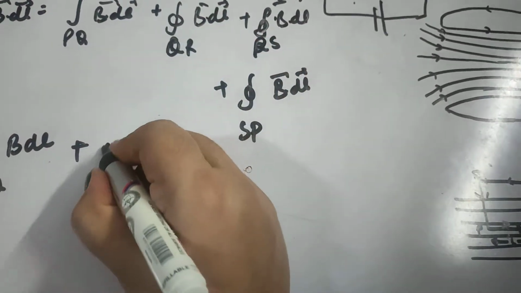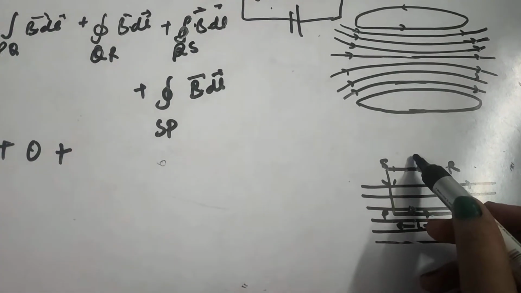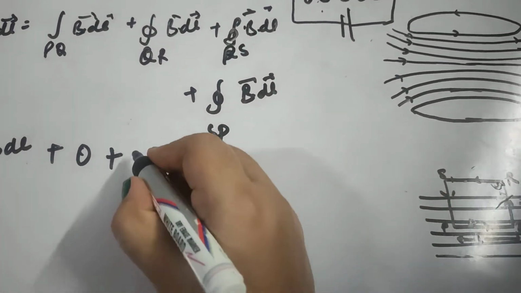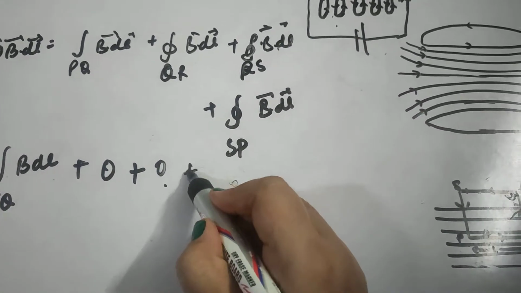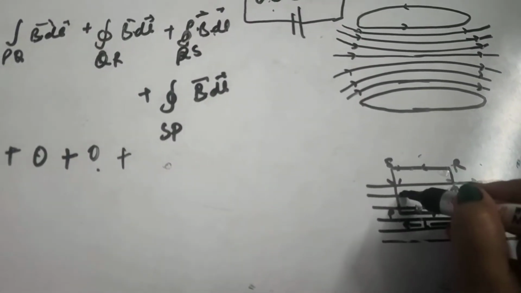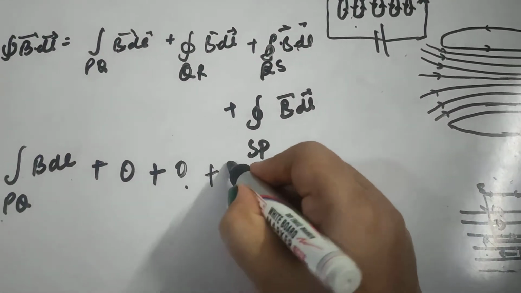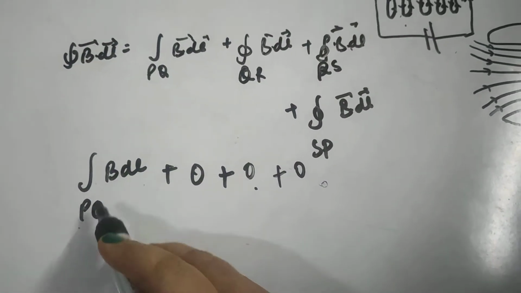So along this it is 0. Again RS is outside the loop, where the magnetic field is almost 0. So in that case again B is 0, so this B dot dl is equal to 0. Then SP is again perpendicular to the direction of magnetic field, so cos 90 is 0. So again it is 0. So we are left with only the PQ term, B dl.